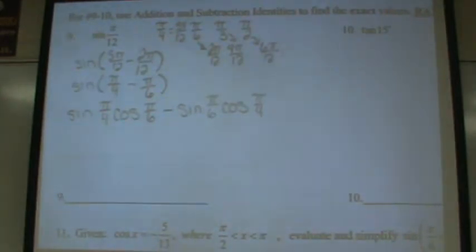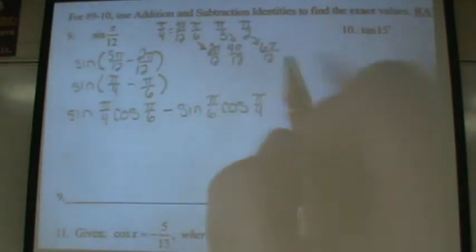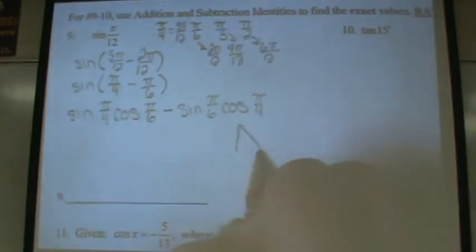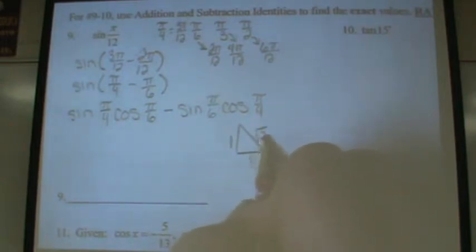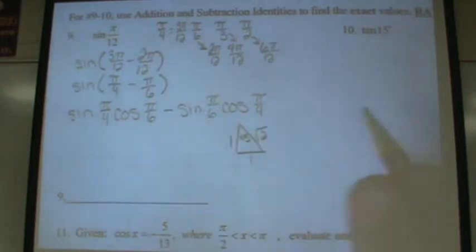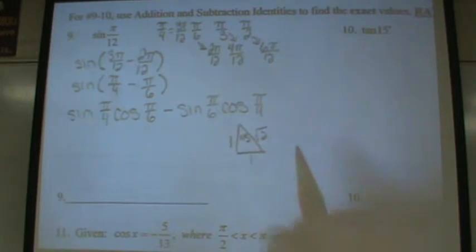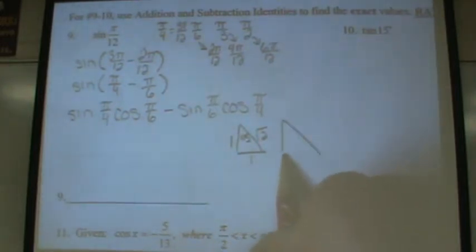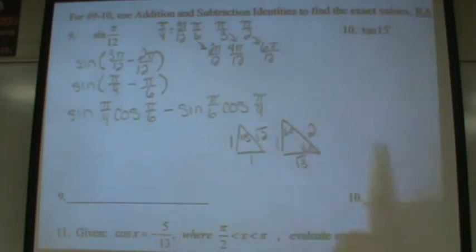So now we're going to use our triangles in order to solve this. That's our 45-degree triangle, 1, 1, root 2. And our 30, 60, 90, we have 1, root 3, and 2.